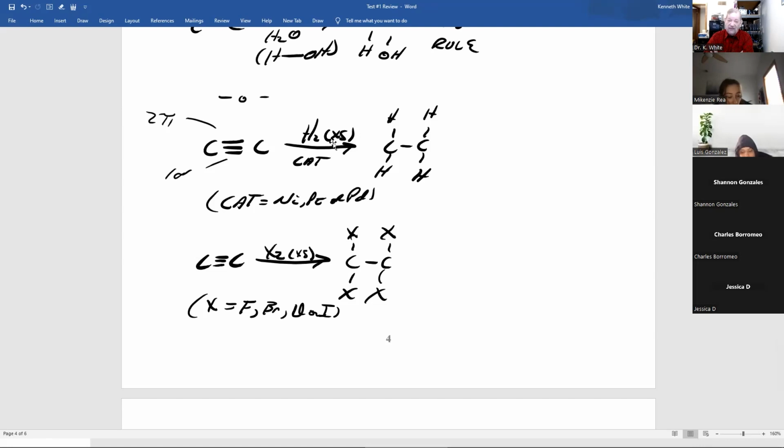This is a way we don't have to balance the equation, because that means I have all the hydrogen in the world that can react with anything hydrogen can react with. In this case, if you have a catalyst, which is nickel, platinum, or palladium, you break the 2 pi bonds, and each carbon of the triple bond gets 2 hydrogen.